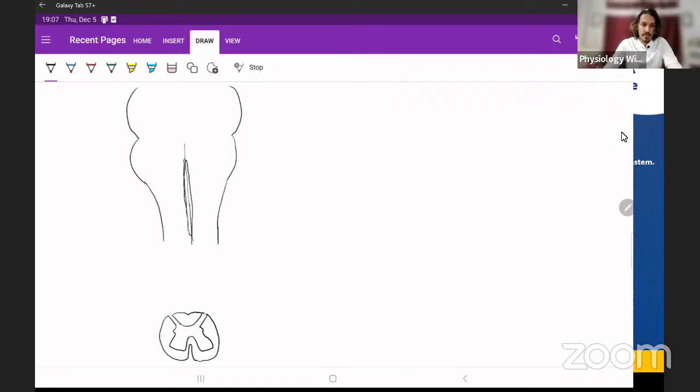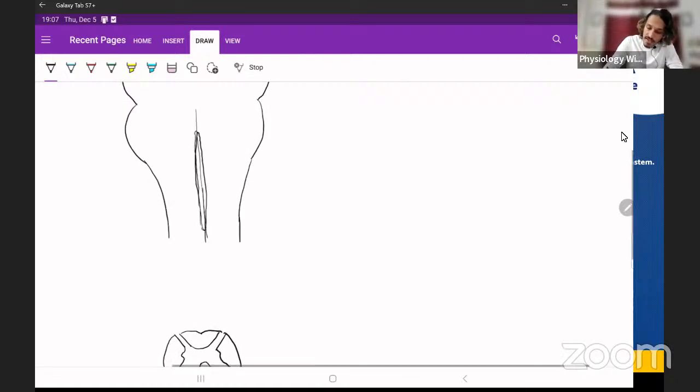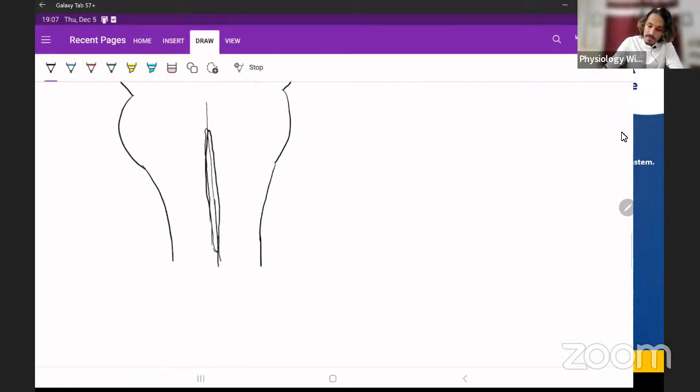Just lateral to it, we have a group of neurons on either side, and these are what are called your dorsal respiratory group of neurons.